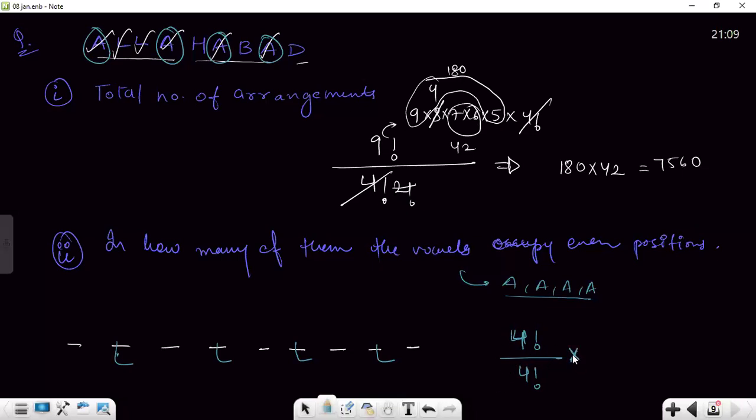And we also have to arrange the remaining consonants. How many remaining consonants are there? 1, 2, 3, 4 and 5, naturally. So 5 factorial. But there is a repetition of letter L with letter L, so we'll divide by 2 factorial. 5 factorial divided by 2 gives 5 into 4 into 3, which is 20 into 3, becoming 60, the answer.